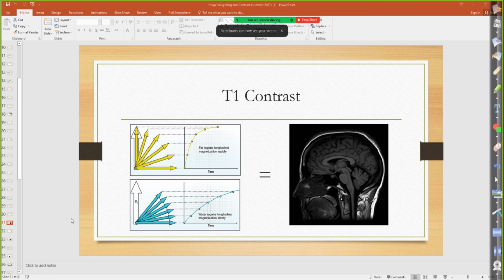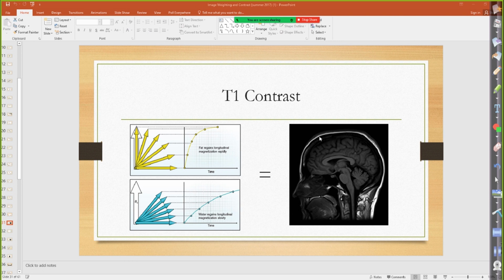So when we get T1 contrast, so we have contrast between these tissues, and when we're talking about T1, fat recovered along the longitudinal plane a lot quicker than water. So that vector of fat was larger in this longitudinal plane than water was. So when that next RF pulse hits, fat is going to have a larger vector in the transverse plane than water will.